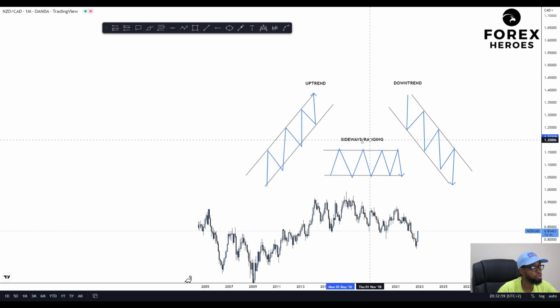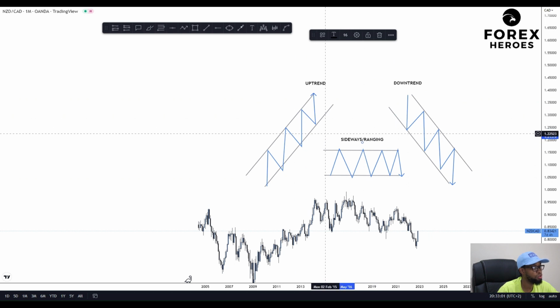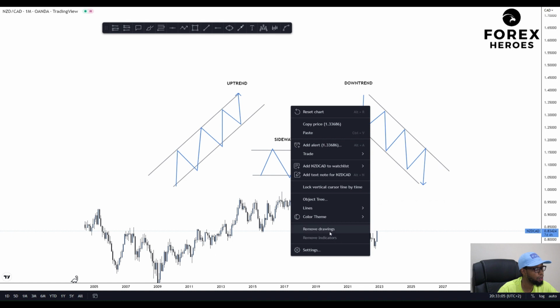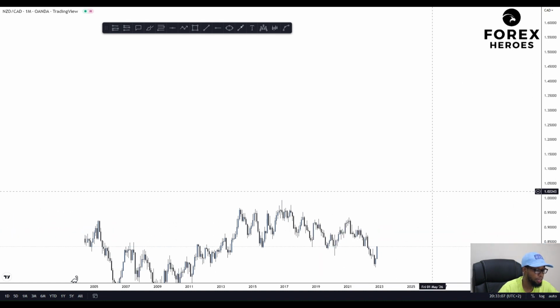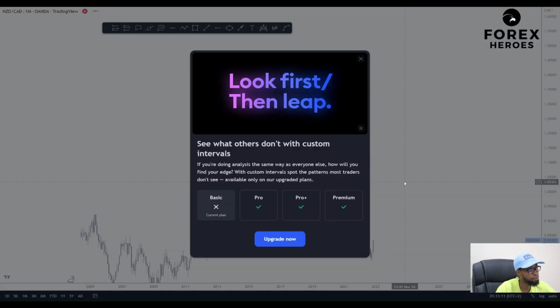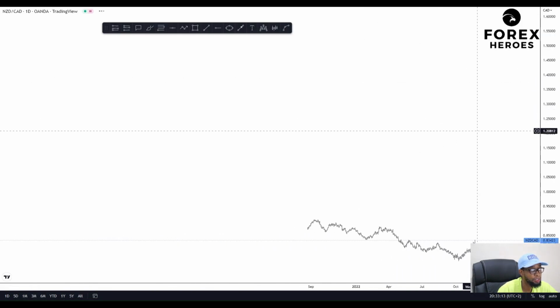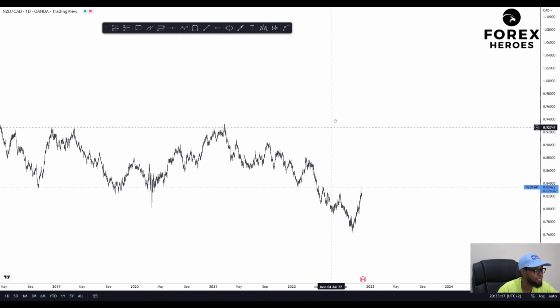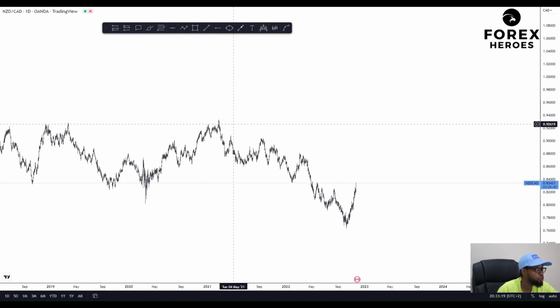So make sure you have more information on these three types of trends. Now I'm going to remove this and go to the daily time frame. I want you guys to see what I'm seeing. Do you see what we're having here?